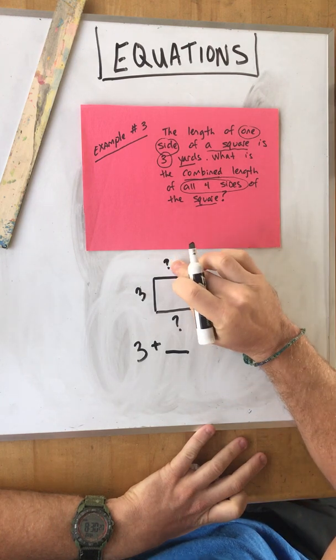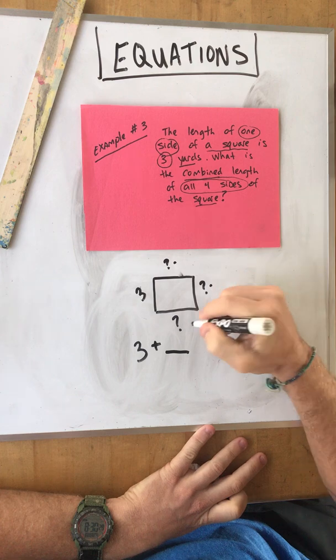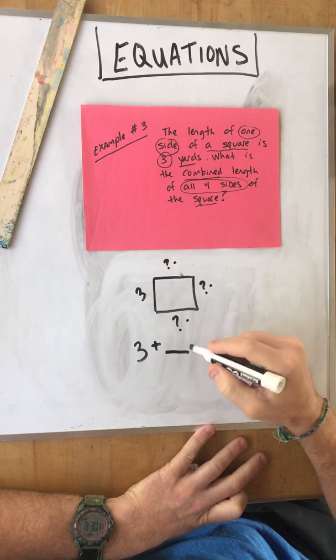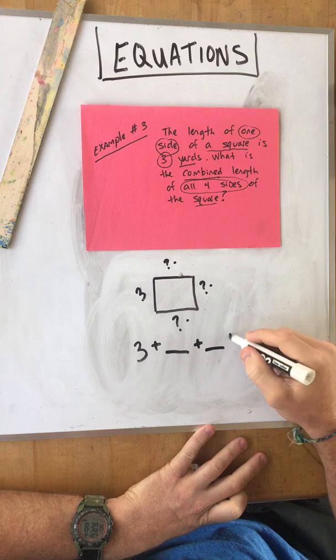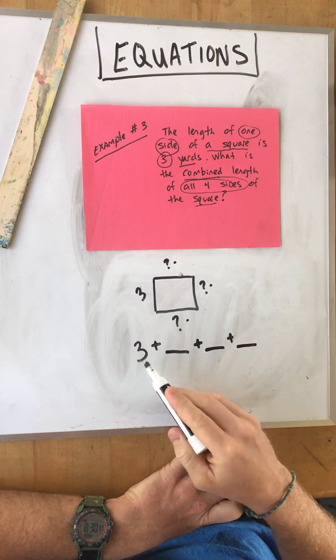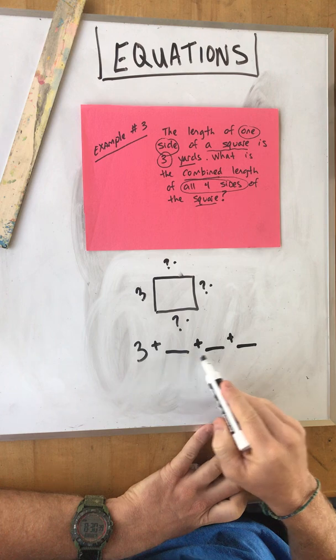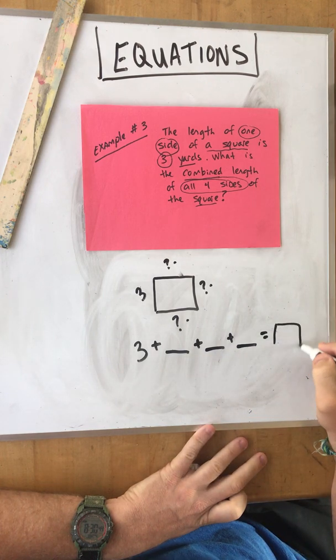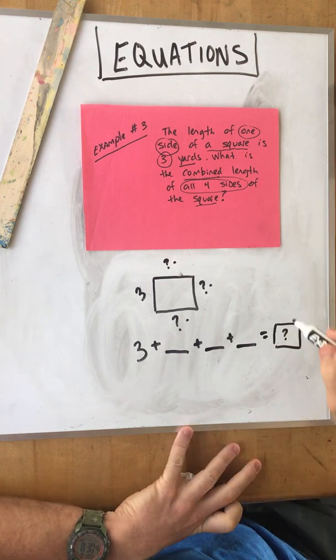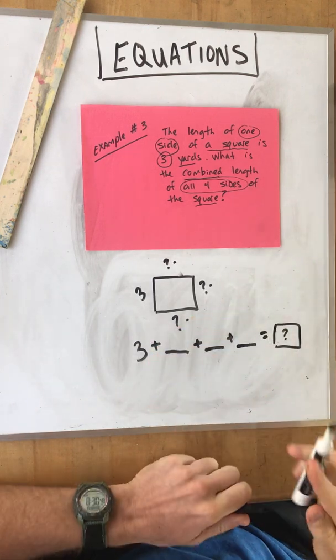I'm not going to write a 1, but this is side 1, side 2, side 3. Plus one side, plus another side, plus another side, for a total of 4 sides. 1, 2, 3, 4 sides, and we don't know what that equals yet. So this is part of our unsolved equation.